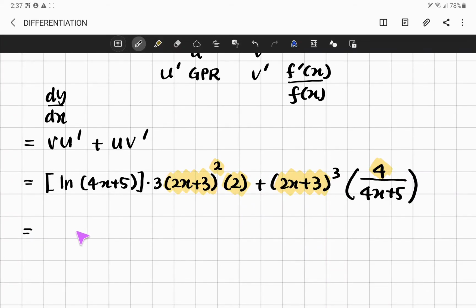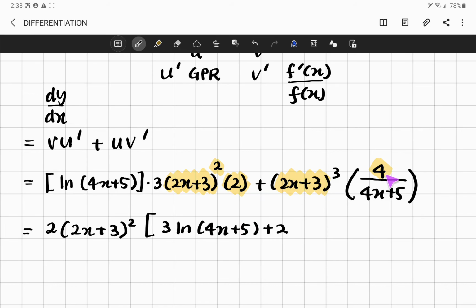We may write this as 2 times (2x + 3)^2, and what is left for us is 3 times ln(4x + 5) plus, we already took out 2, and 2 times 2 gives 4.